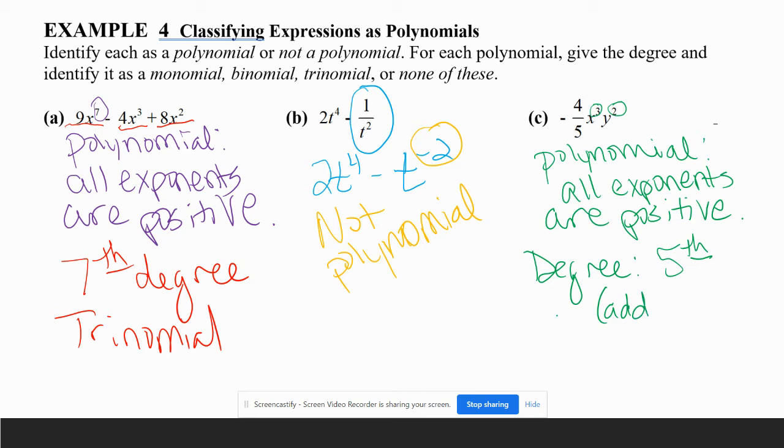There's only one term, and we would add the exponents here to get the degree. We know it's only one term because over here in A we had plus and minus. In B there's 2 terms because there's a subtraction separating the 2. In letter C we have nothing separating any of these. And so since there's only one term, this is a monomial.